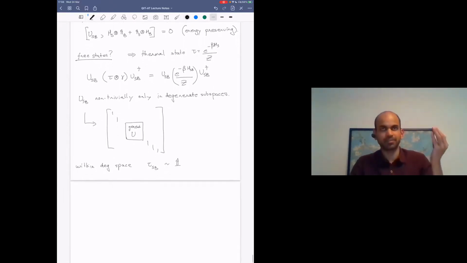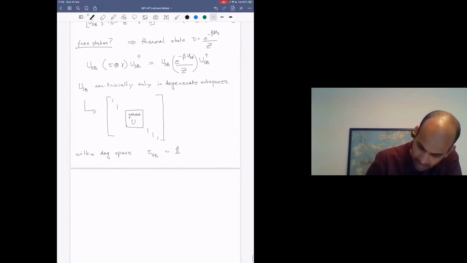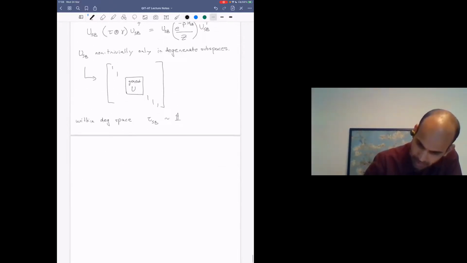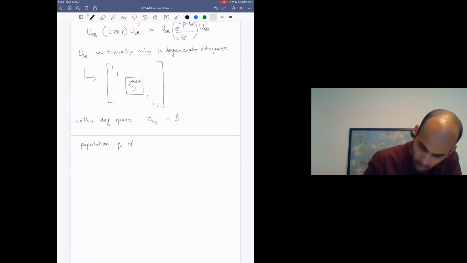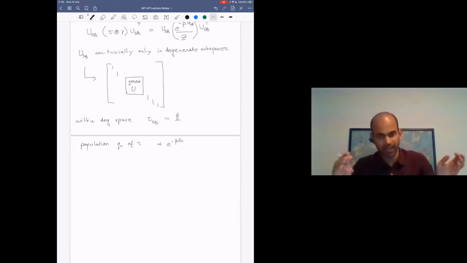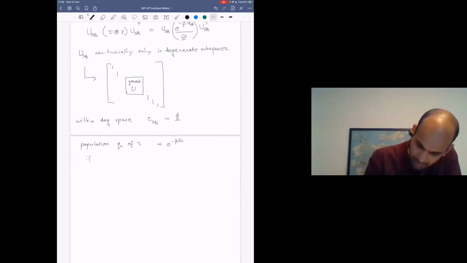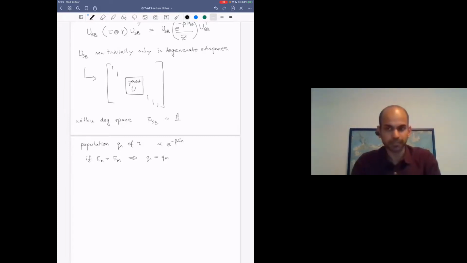We know that the thermal state has the property that, if I have a population, so the thermal state is diagonal in the energy eigenbasis, clearly, so I can just focus on those diagonal elements, which are the populations. So the population Q_n of a thermal state tau is proportional to e to the minus beta E_n. So it's e to the minus beta E_n divided by Z. So if E_n is equal to E_m, that implies that Q_n is equal to Q_m.